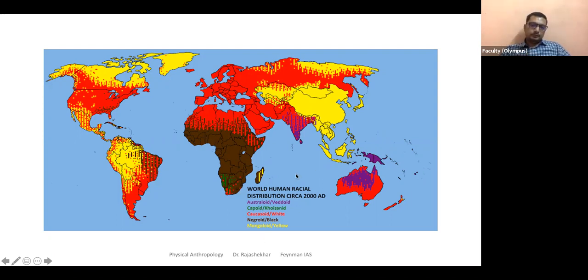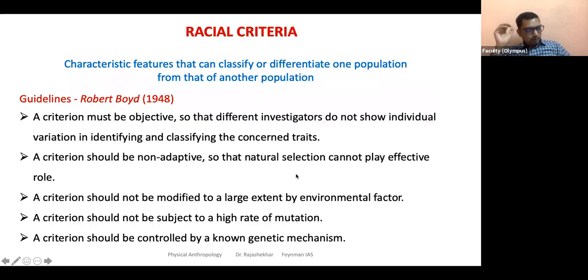So you see a geographical variation. What should be the racial criteria? How should these races be recognized? Is there any standard for this? In one of these materials, they talk about guidelines given by Robert Boyd to create a criteria for classifying races.